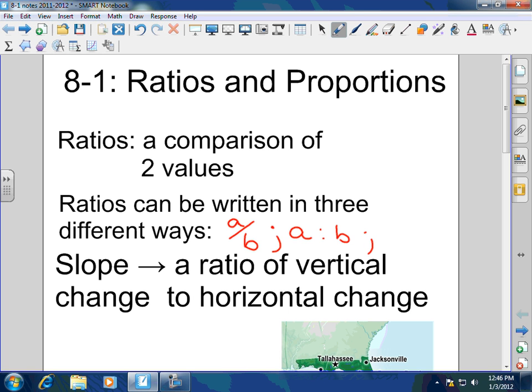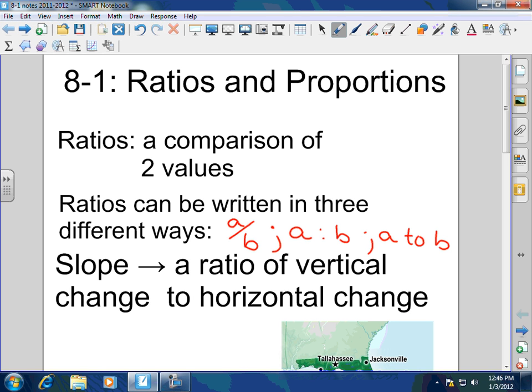And there's a word involved in there as a hint. Very good, you could go A to B. So those are the 3 ways that you can read and write ratios. They all mean the same thing, okay? A to B, A to B, A to B. It's all the same, but you can write it 3 ways.